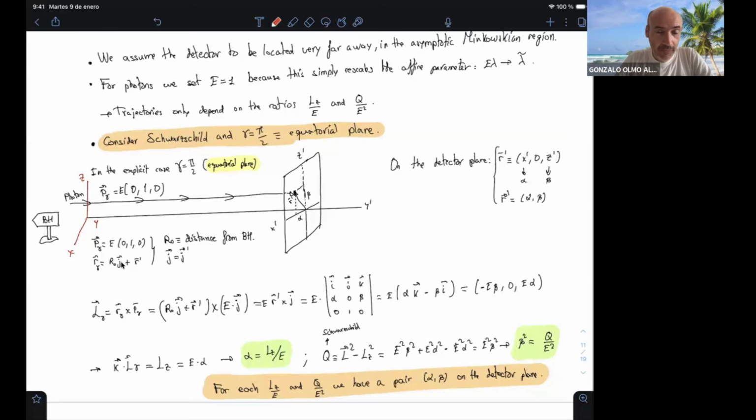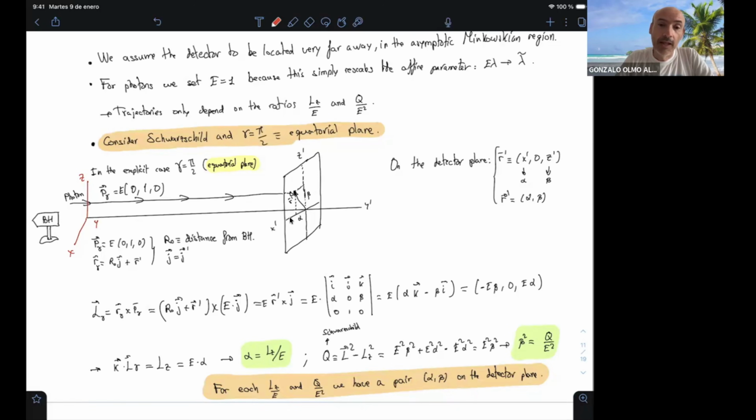This R0 in the j direction, the y direction, is the distance from the center of the black hole to the center of the detector plate. And this r prime is the coordinates on the detector plane, so they are represented here. We are centering the plane at y prime equal to 0, and then we only need to care about the coordinates x prime and z prime.